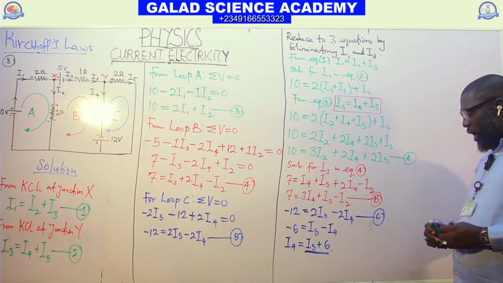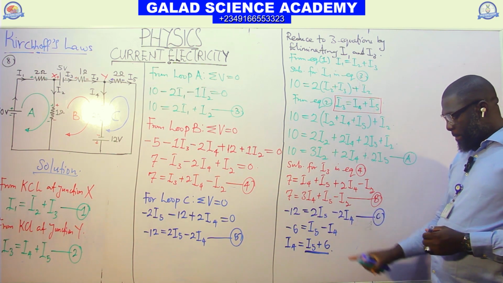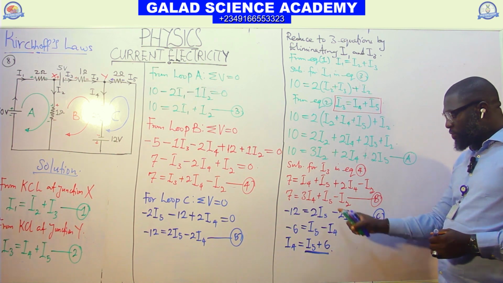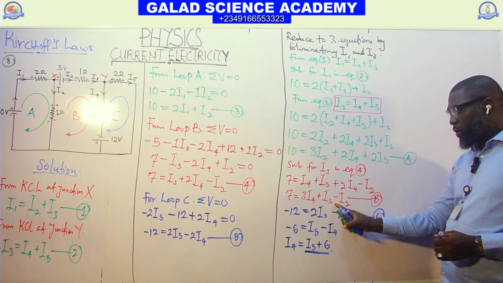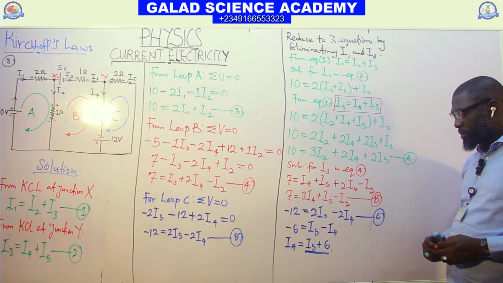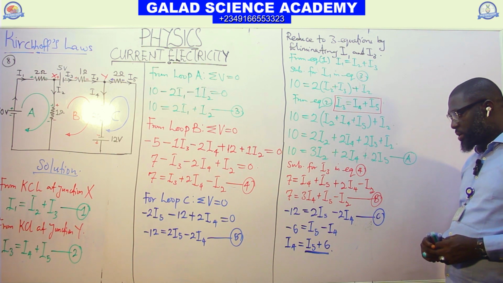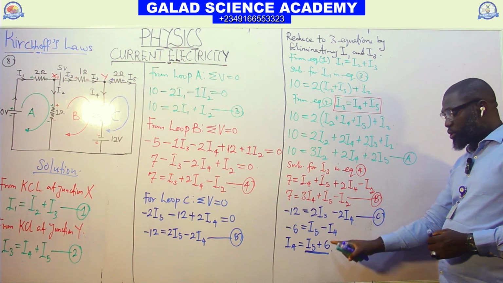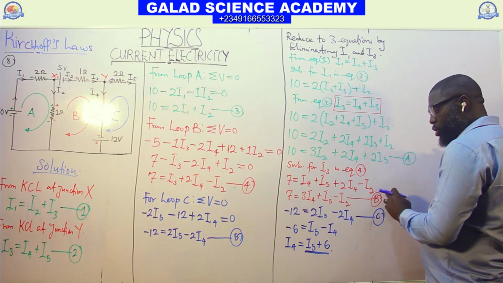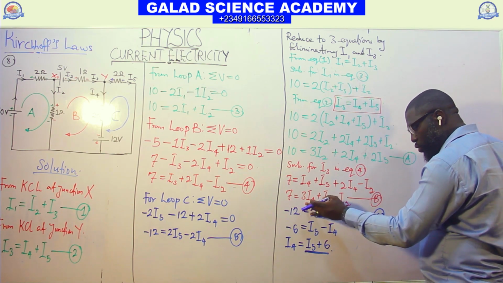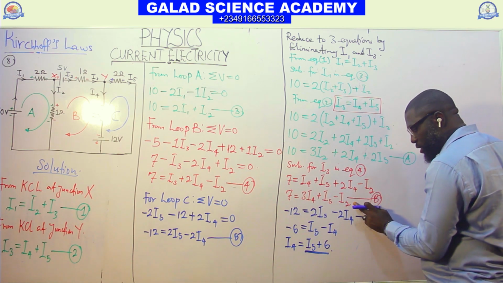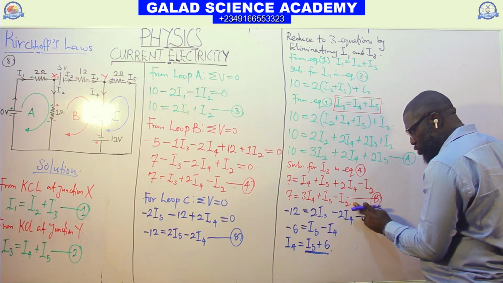If we substitute for I4 in this equation, you will eliminate I4. You now have I5 and I2.